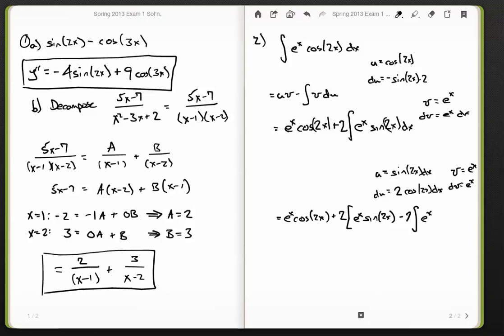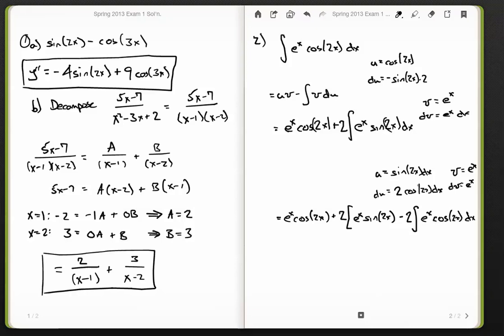Put the 2 out here, and so that's e to the x cosine of 2x dx.